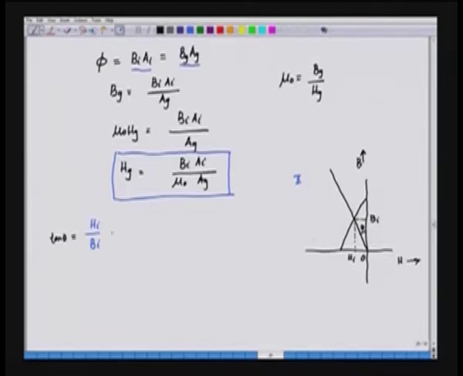So, I will write down this equation: tan theta is equal to Hg Lg by Li into Bi by Bg Ag. We are trying to replace here Hi and Bi. Hi is replaced by this quantity.